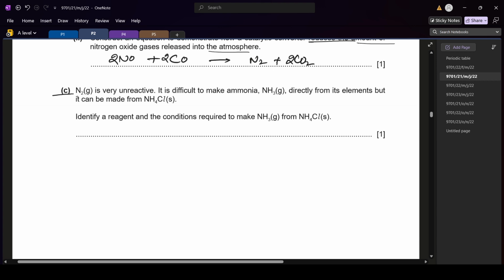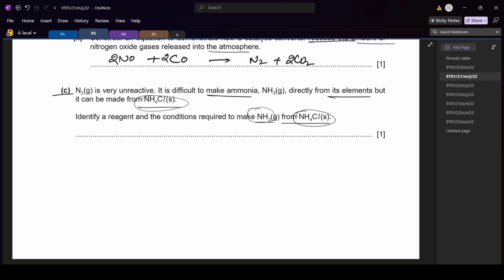Okay. Part C. Nitrogen is very unreactive. It is difficult to make ammonia directly from its elements, but it can be made from ammonium chloride. Identify a reagent and conditions required to make ammonia from ammonium chloride. So when you react ammonium salts with any alkali or base and heat it, you will get ammonia.